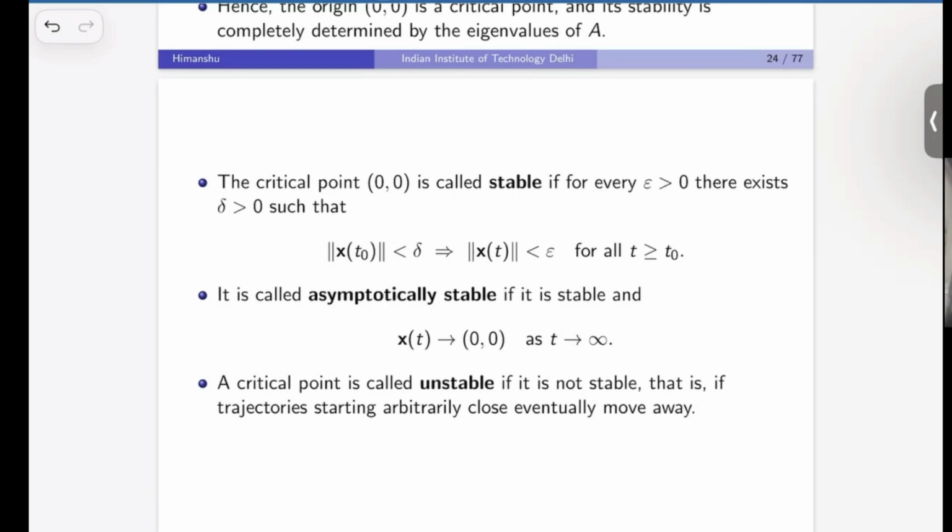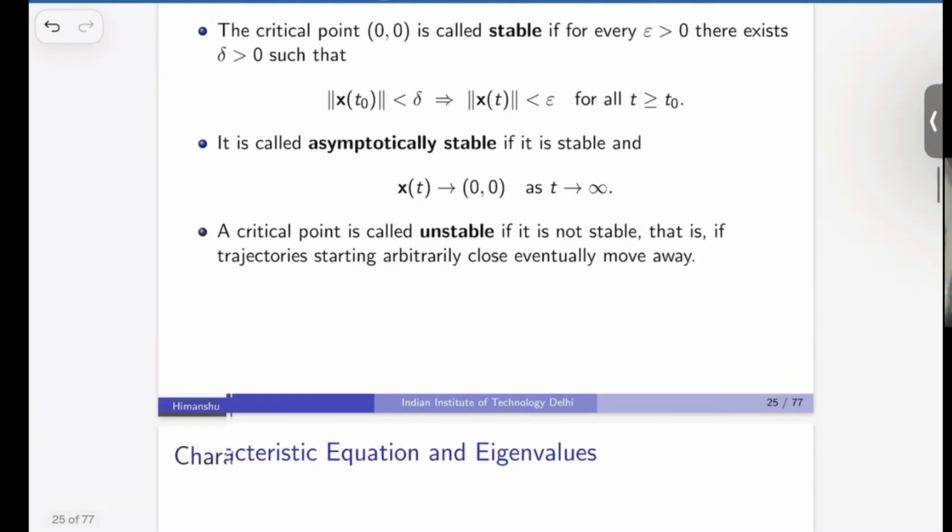It is asymptotically stable if, whenever t goes to infinity, my solution converges to (0,0). If that is not the case, then we say our critical point behaves unstably. Maybe we can understand this through an example, which will make it more clear.